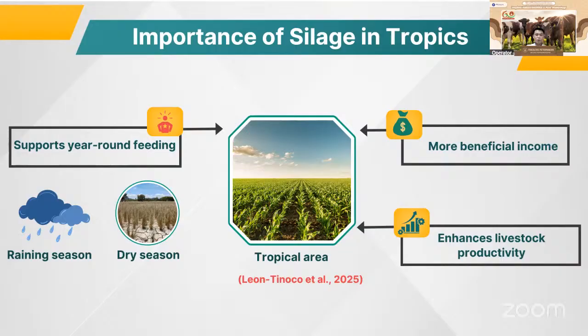However, in the dry season, low quality forage is the main feed, which may not supply sufficient nutrients. If we make silage, it may enhance livestock productivity since the animal consumes high quality forage, which benefits farm income.